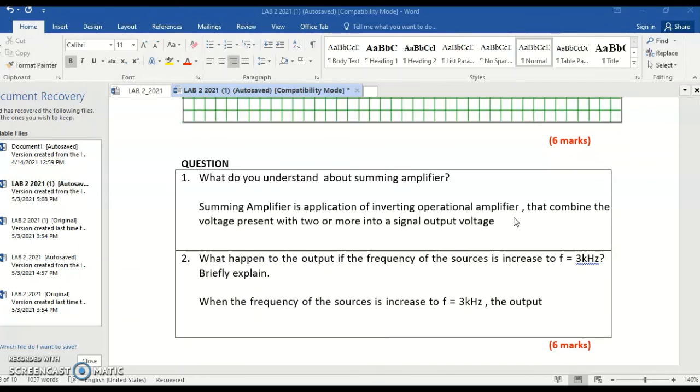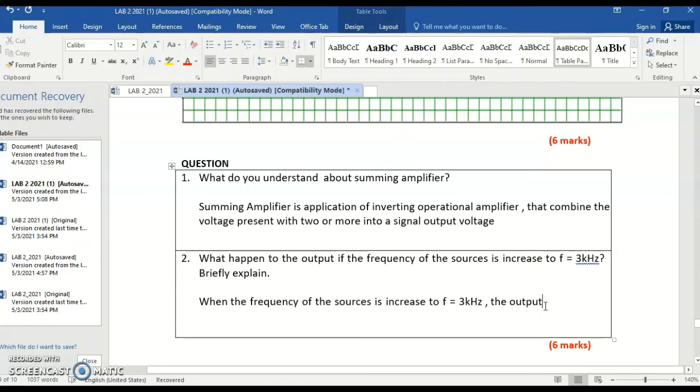What happens to the output if the frequency of the source is increased to 3 kHz? When the op-amp frequency is increased, the gain of the amplifier decreases.